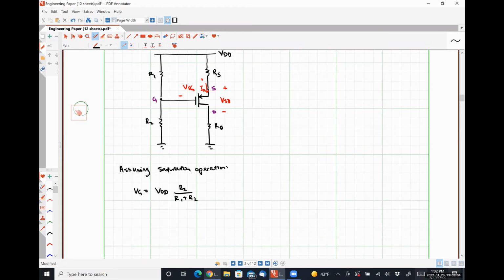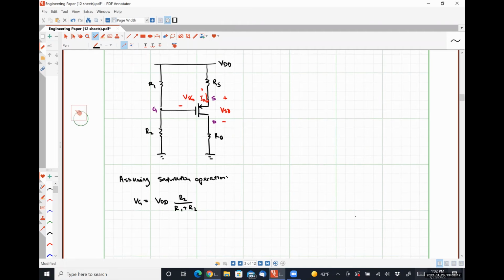So our equation for our gate voltage literally doesn't change at all. I'm going to draw a line here to tell you where we're doing things. So we're going to do KVL around this loop.